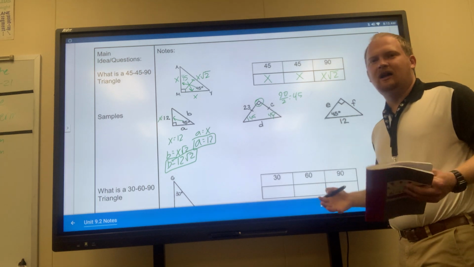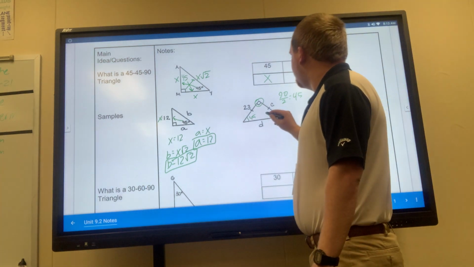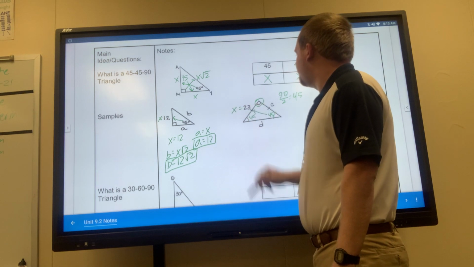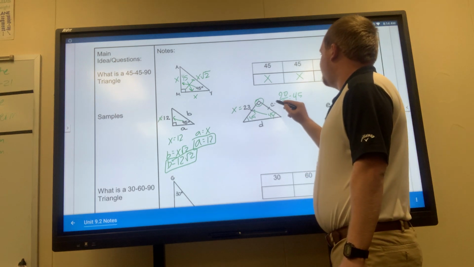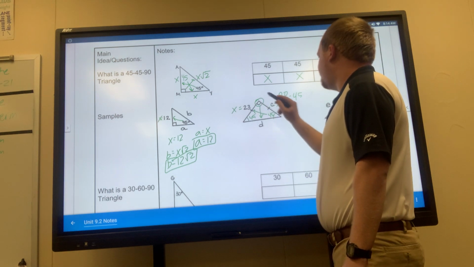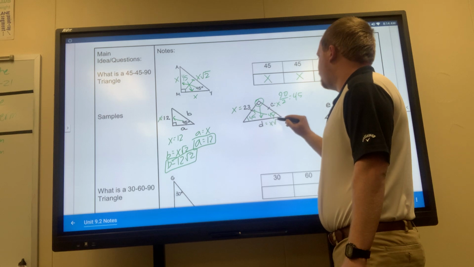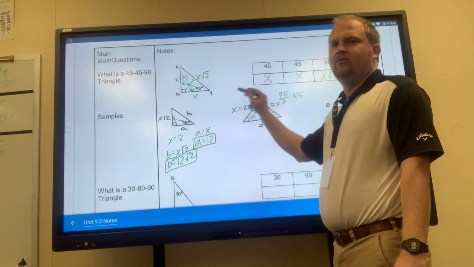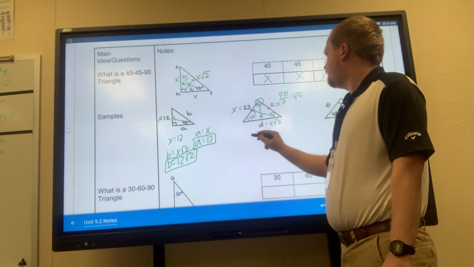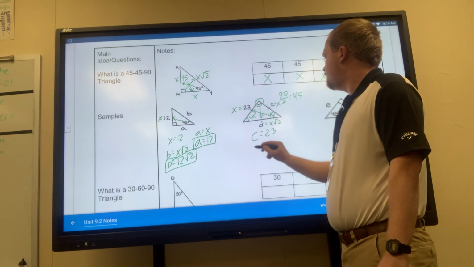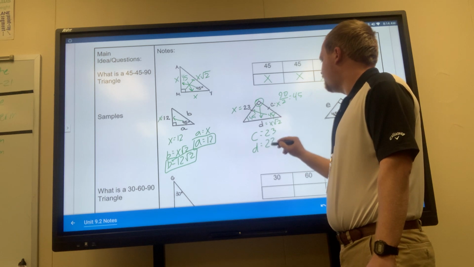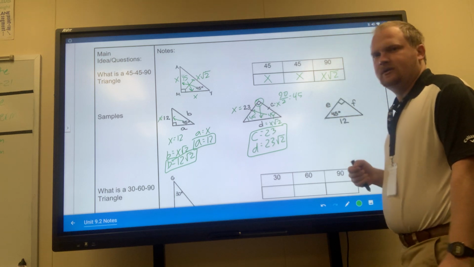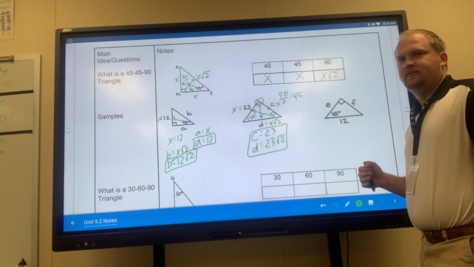That helps us out a lot, especially since we know that whatever is opposite 45 degrees is equal to x. So I know 12 is equal to x. Opposite 90 degrees is x square root of 2. But since I know x to be 23, c is equal to 23, and d is equal to 23 square root of 2. And that's going to be my answer right there.